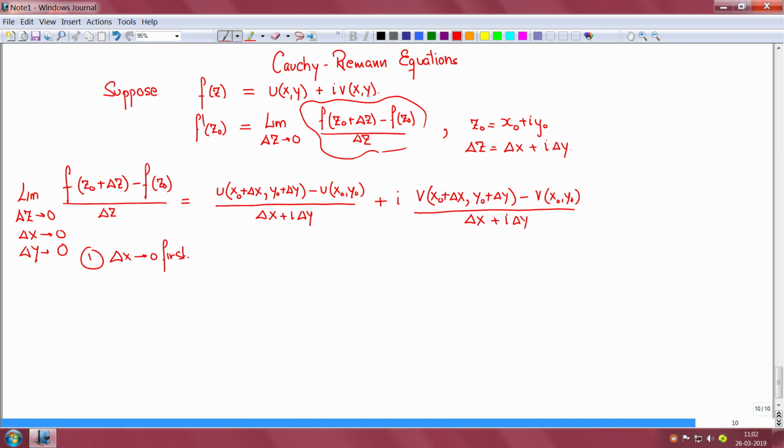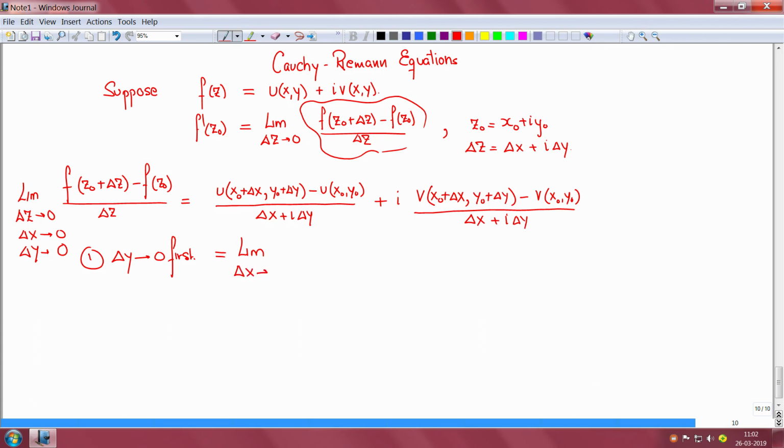Okay, sorry. This time we do it the other way first. So, we will do delta y set to 0 first. It does not matter, but delta y set to 0 first.